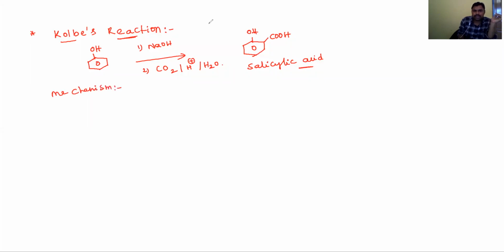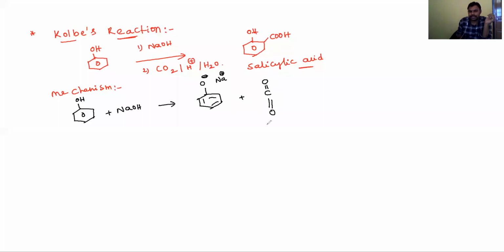Okay, students, listen carefully. First, phenol reacts with NaOH, sodium hydroxide, to produce sodium phenate and Na plus. This sodium phenate reacts with carbon dioxide.